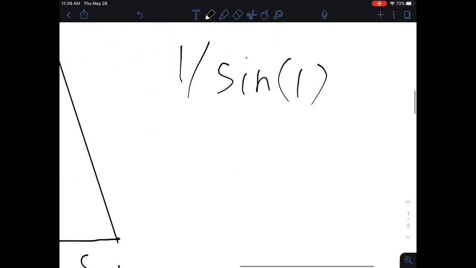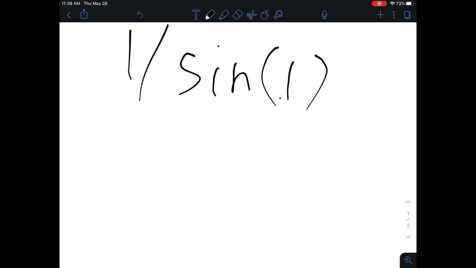So instead of 1 divided by sine 1, we do 1 divided by sine 0.1. Let's do that again in the calculator. Sine 0.1, 1 divided by sine 0.1. And then we get 572.95.